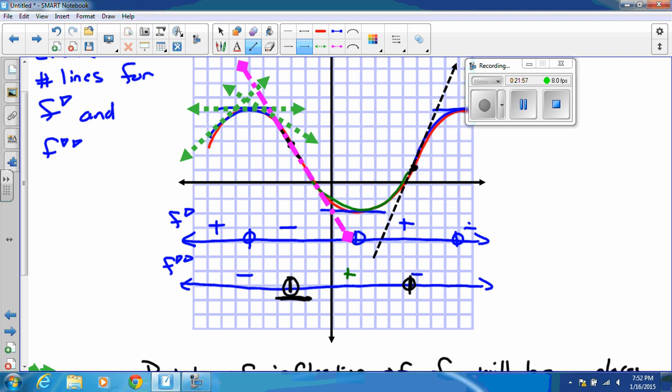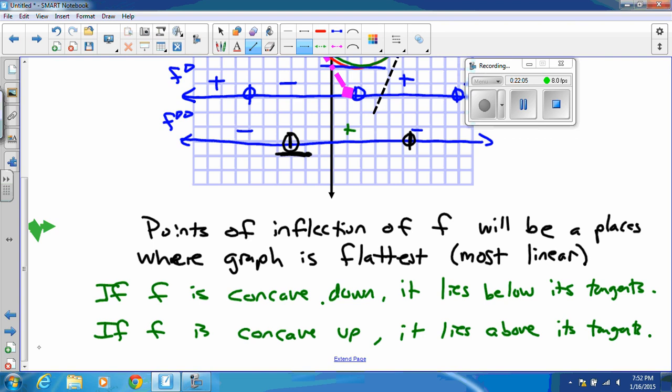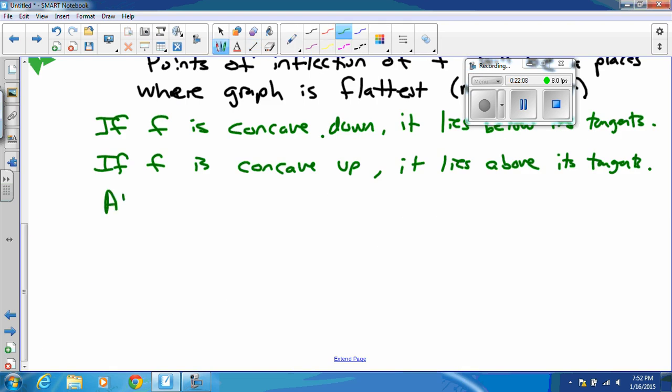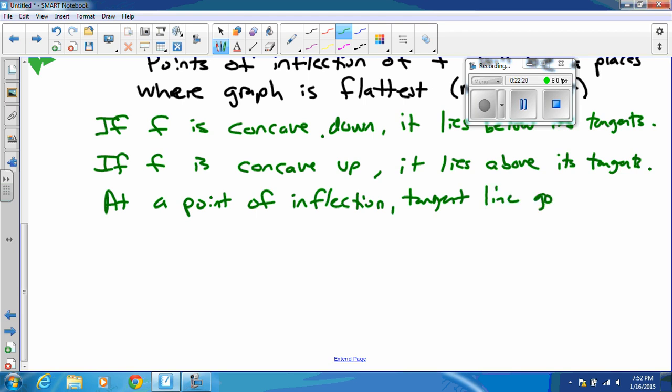But you can see it's definitely above to the left and below to the right. The same thing happens with the point of inflection over here at x equals 6-ish. The tangent line is below to the left and above to the right. The tangent line goes through the curve. So at a point of inflection, the tangent line goes through the curve.